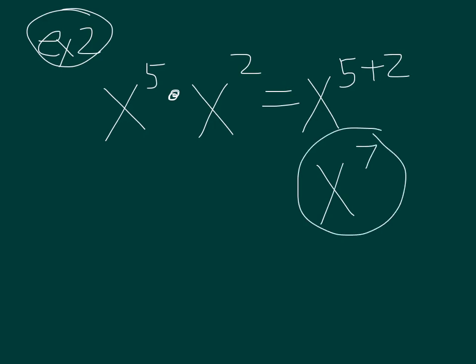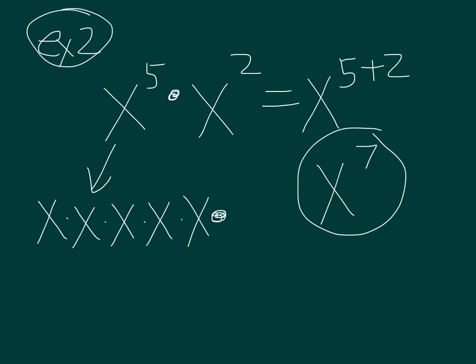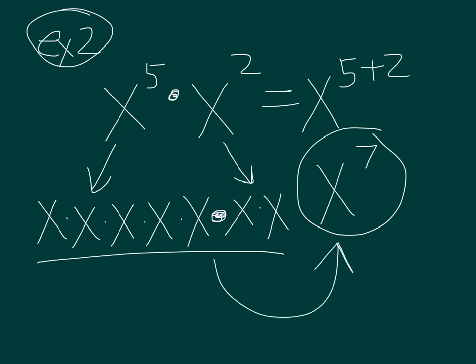But just so you are aware, this is where it comes from: x times x times x times x times x times x times x. So obviously that gives you x to the 7th. And the next question, let's look at example 2b.